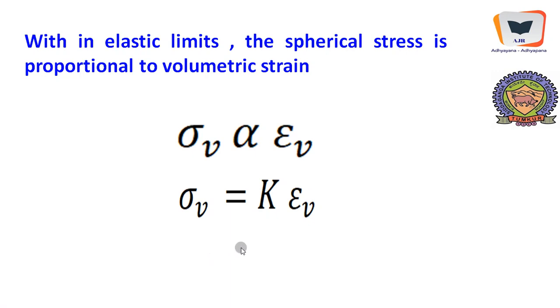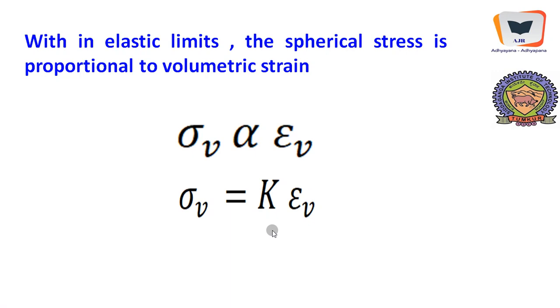Because this will connote overall changes in a body under elastic limits, because it accounts all the three-dimensional directions, and it connotes changes in the volume, and it is a measure of change in the volume. Therefore it is called as modulus of elasticity.